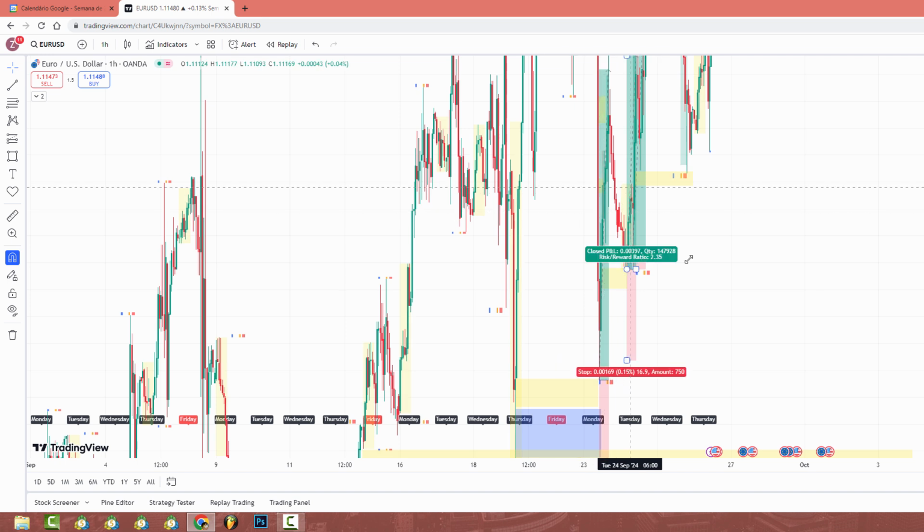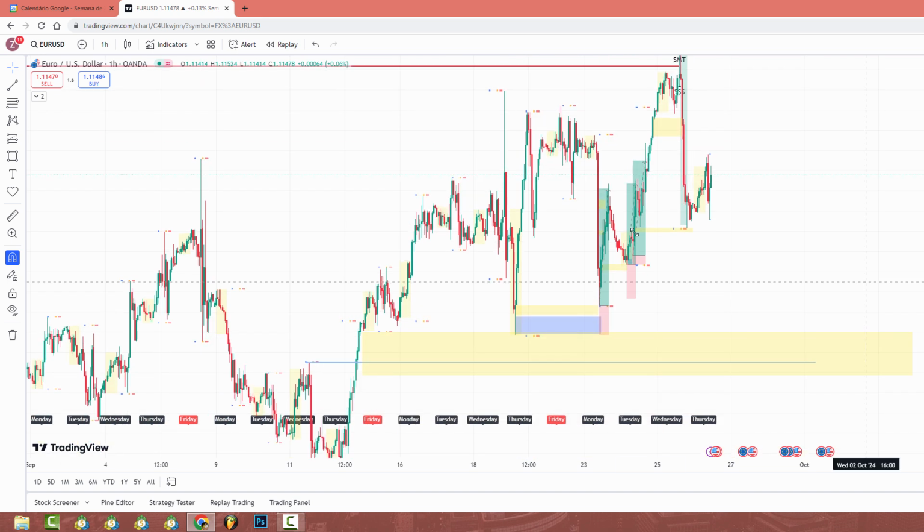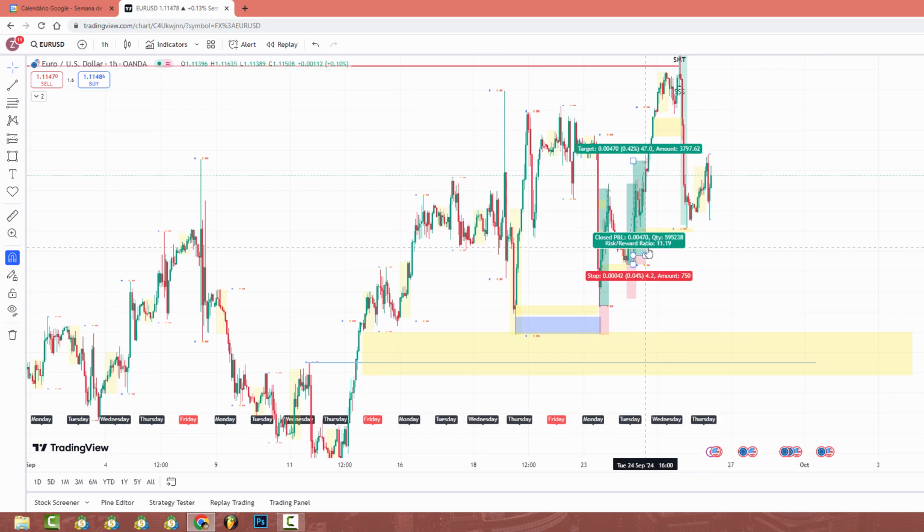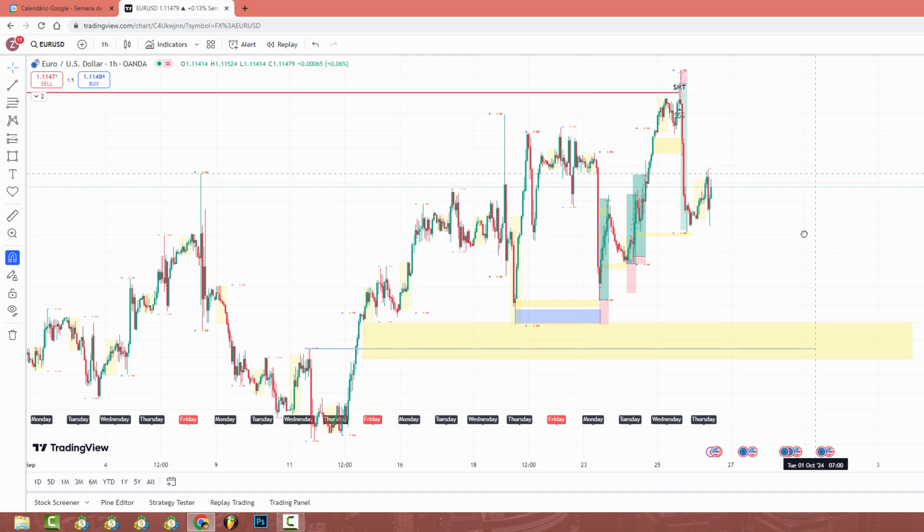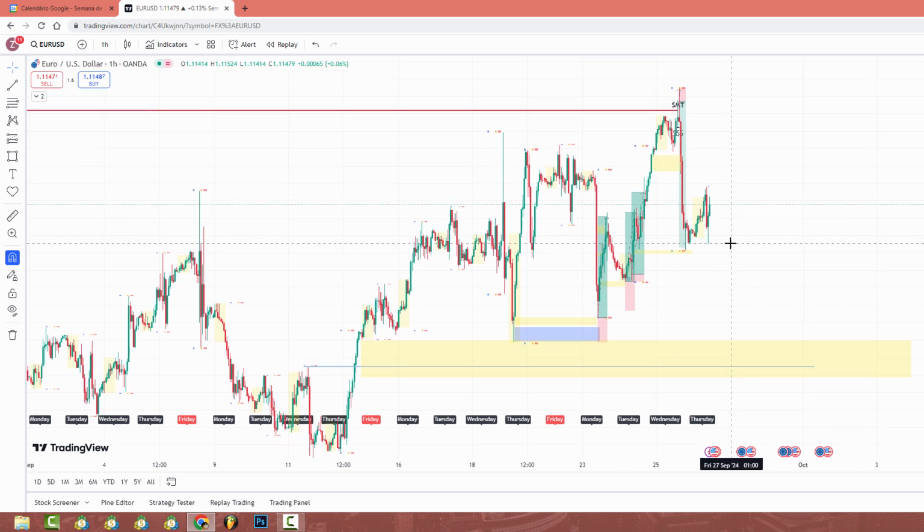You didn't come to the POI, but you came to the imbalance. And you also want to have your POIs with an imbalance just before it, because that's how you really get the best entries.